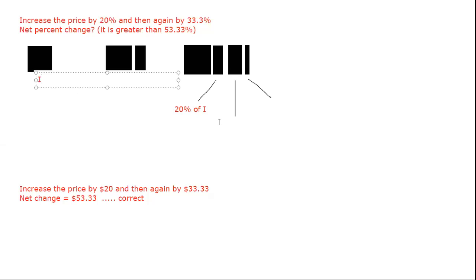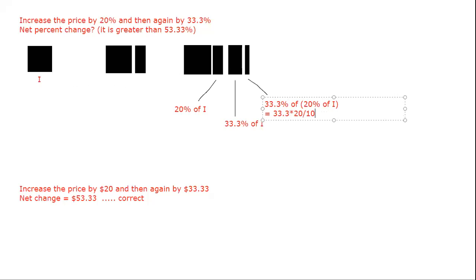Now the second rectangle is basically 33.3% of the initial, and the third strip is 33.3% of 20% of the initial, which basically becomes 33.3 times 20 upon 100. Or rather let's put it like this: 33.3 upon 100 times 20% of the initial. Is that fine?